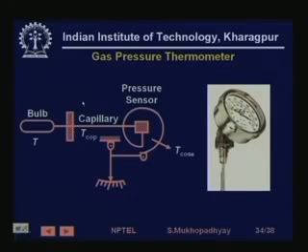Similarly, for a gas pressure thermometer, here you have a bulb which is essentially a constant volume case, because the capillary volume you can neglect. So the pressure increases linearly with temperature, and this pressure is again sensed by a pressure sensor in the same way, and this is a picture of an industrial sensor.